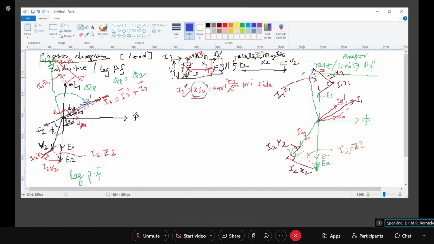So this is my V1 and this will be my phi 1. Clear? So I hope we have understood the phasor diagram on unity power factor or on resistive load.